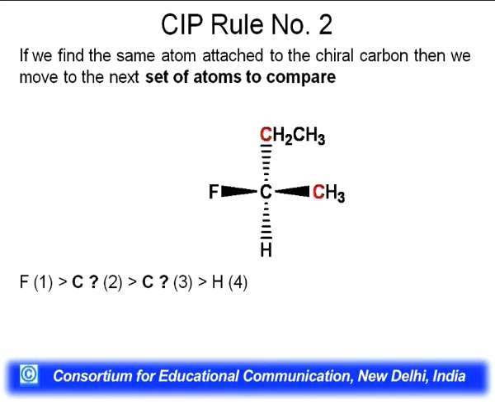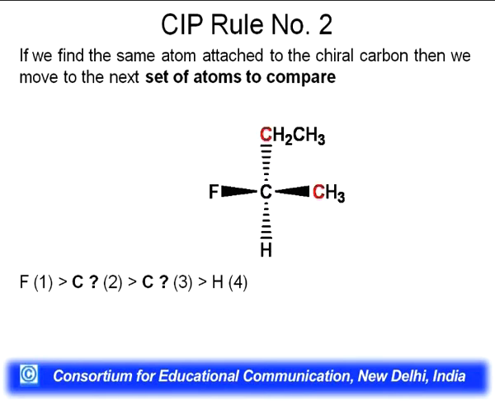Because fluorine has the highest atomic number, it gets the priority number 1. Then we go to the other atoms attached. You can see in red that I have marked the 2 carbons in red. So, we have the same atom. This is what the rule says. If we have the same atom attached to the chiral carbon, we move to the next set of atoms to compare.